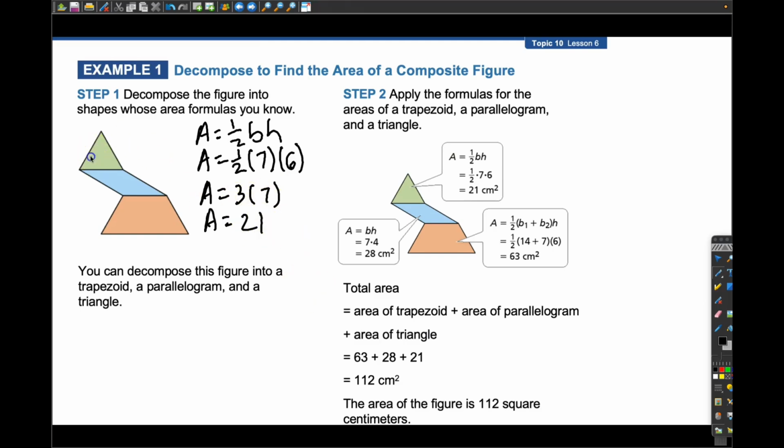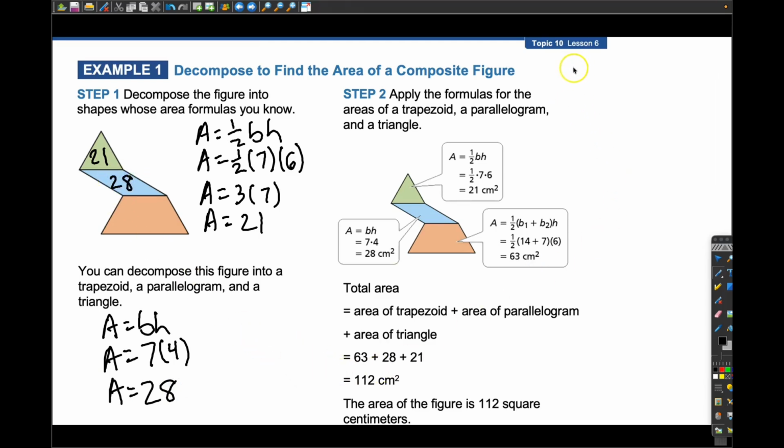So this triangle is 21 centimeters squared. Now let's work on the parallelogram. A equals BH. The base was 7, the height is 4. A equals 28. Okay? So the parallelogram is 28.